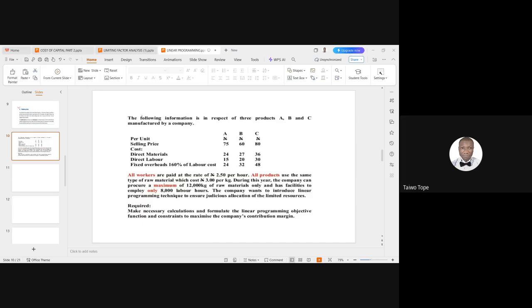We have the various forms of costs associated with the production of these products, A, B, and C. We have direct material, direct labor, and fixed overhead, 160% of labor cost. So now I highlighted some of these words in red just to point home certain things in the question.